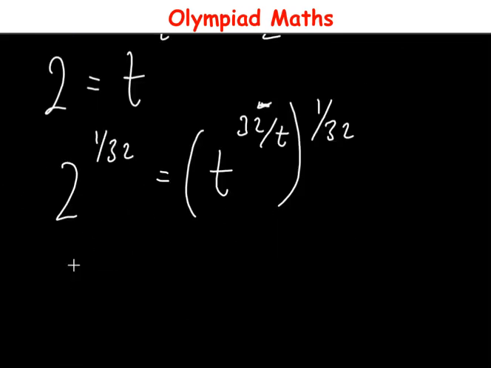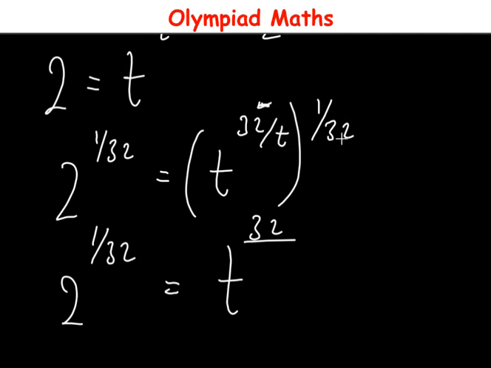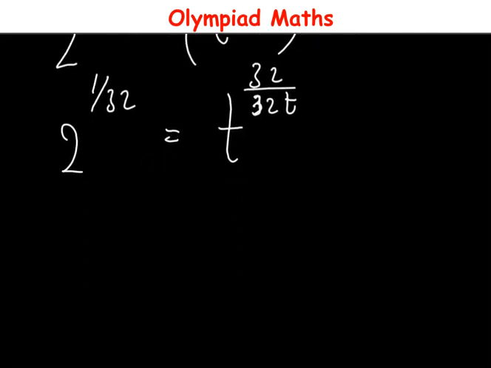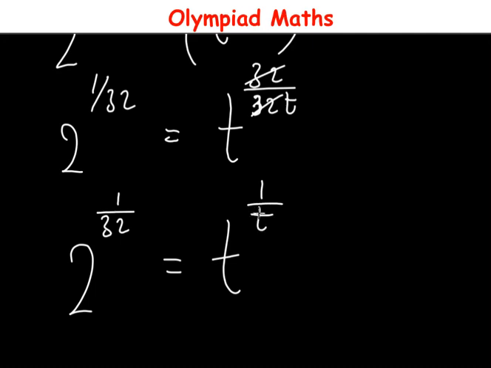Okay, good. With this, we have 2 raised to power 1 over 32, which equals t raised to power 32 times 1 over 32 over t, times 32, is simply 32t. Okay, good. Such that what we have is this, that we have 2 raised to power 1 over 32, which equals t raised to power 32 divided by 32, what we have is 1 over t.